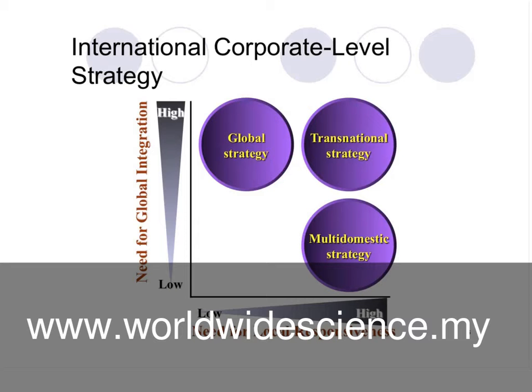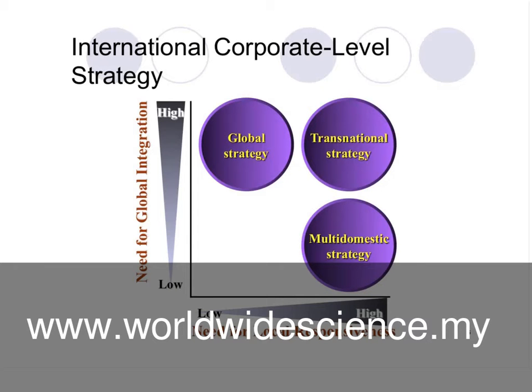Then, when we move on to transitional and multi-domestic, basically, with multi-domestic, you're running your business in certain different domestic markets, a lot of different local markets. So it's very important to be able to respond accordingly.